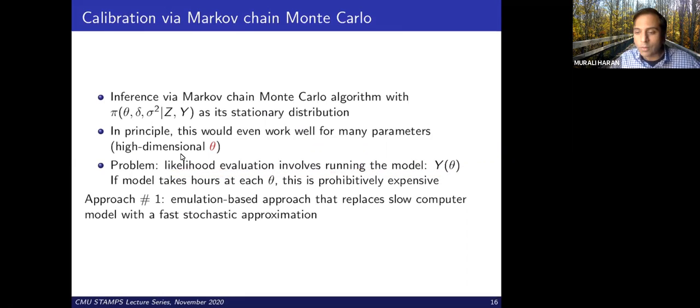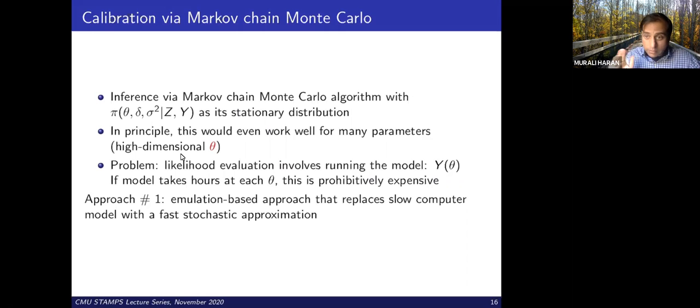So if you wanted to look at what y of theta is, you have to run it for each theta. So now you can imagine, for those of you who have constructed MCMC algorithms, at each step of your Metropolis-Hastings, you're going to have a proposal and then evaluate things based on running the computer model. Imagine that this now takes hours. That's of course not possible at all. But even if it took 15 minutes, this is not going to work very well in practice.